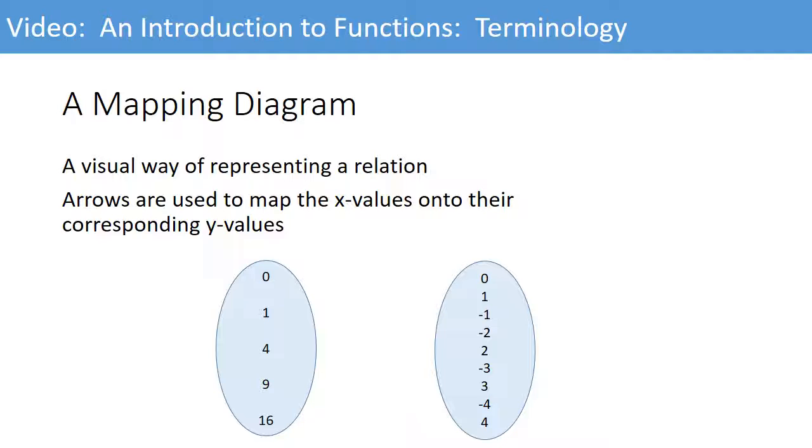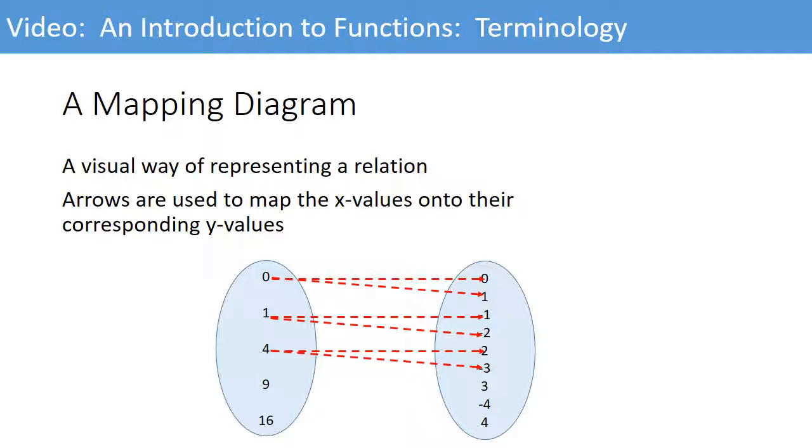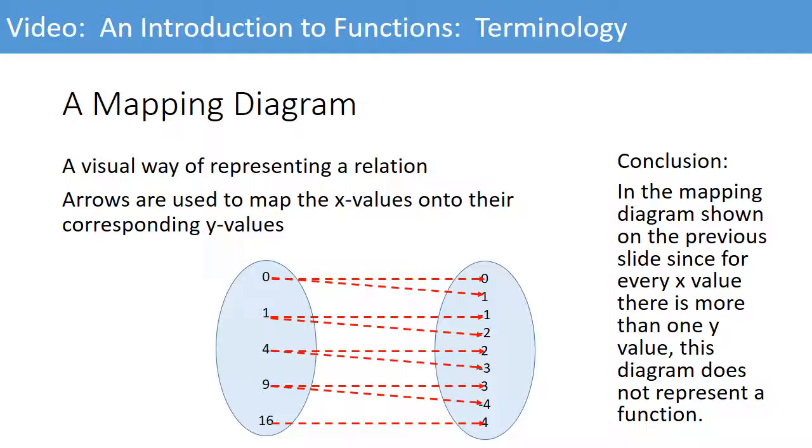Notice I have more y values than x values. 0 is going to map to 0, but also to 1. 1 is going to map to -1 and -2. 4 is going to map to 2 and to -3. 9 maps to 3 and -4. And 16 maps to 4. Is this a function? Our conclusion, since the mapping diagram shows for every x value there is more than one y value, this diagram does not represent a function.